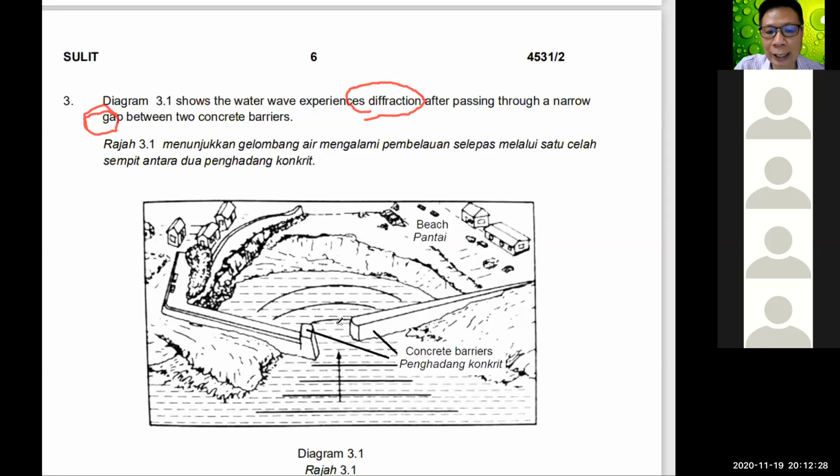After it passed through the gap, the water wave spreads out. So the keyword we use is spread out. You see how it spreads out to this direction and to this direction. So diffraction means the spreading of the wave when it passes through a narrow gap. And that's the answer.